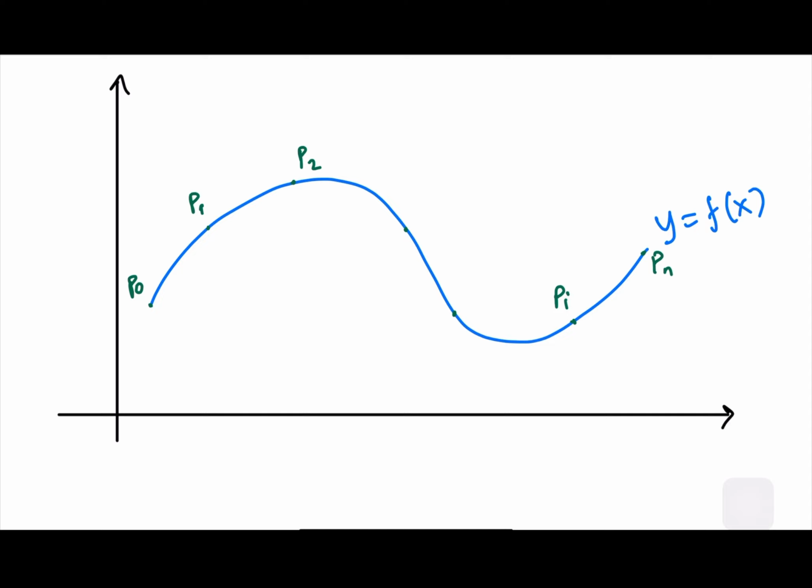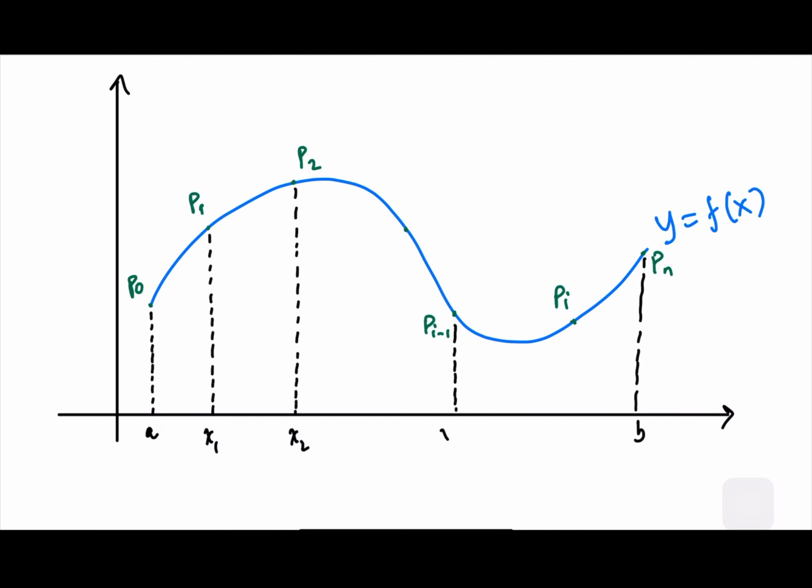This one we call Pi, and this one Pi minus 1. The first point we call A, the end point we call B. P1 we call x1, P2 we name x2, the other one here we call xi minus 1, and this will be xi.